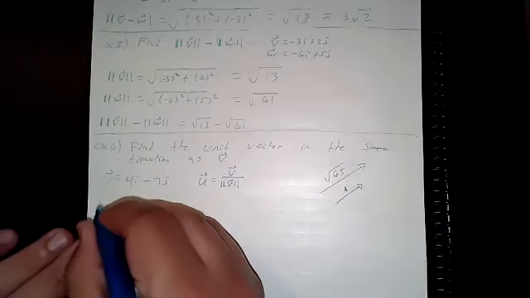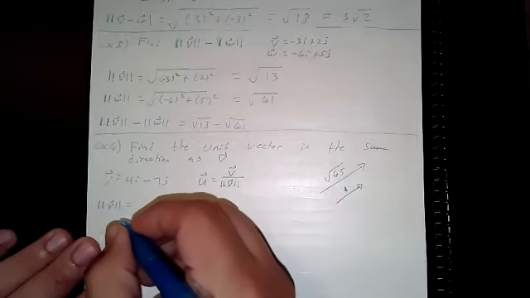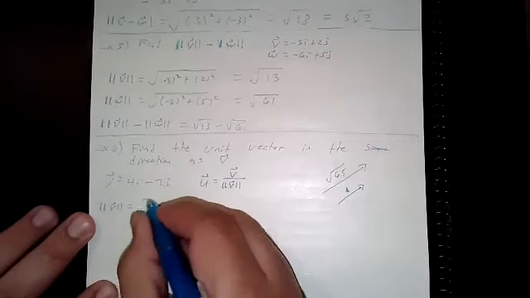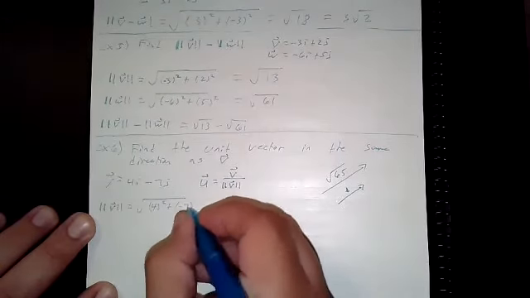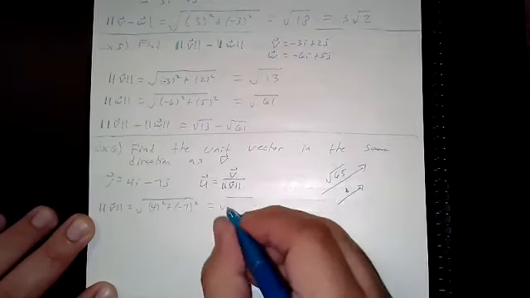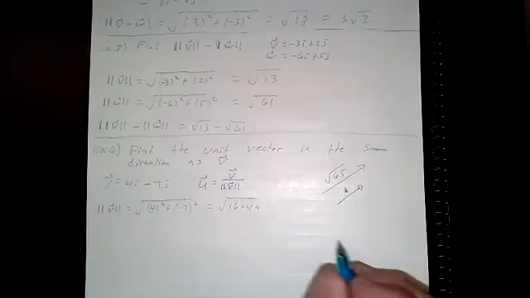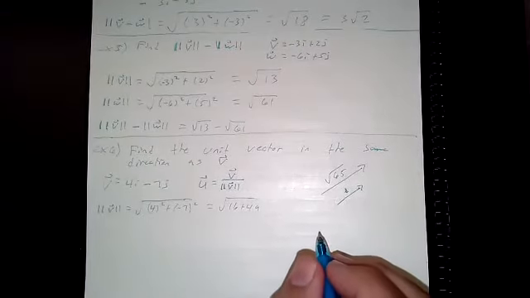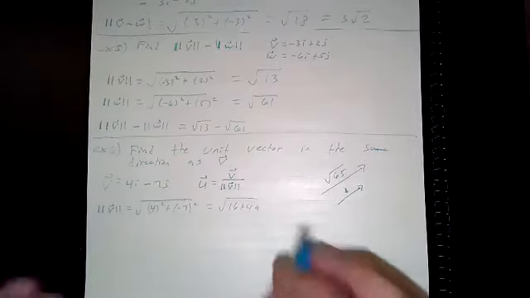So we got to find the magnitude, right? That's the first thing. So the magnitude will be the square root of 4 squared plus negative 7 squared. That will be 16 plus 49, right? Is that a perfect square? 49? No, close.